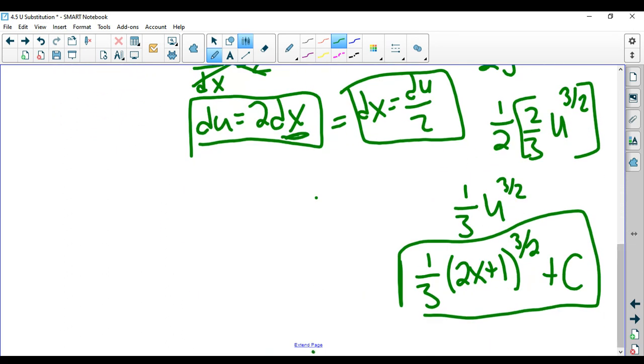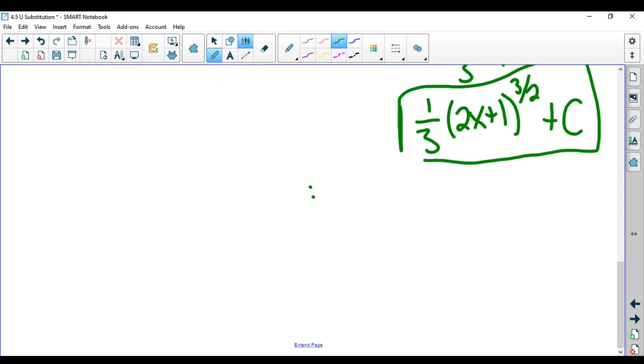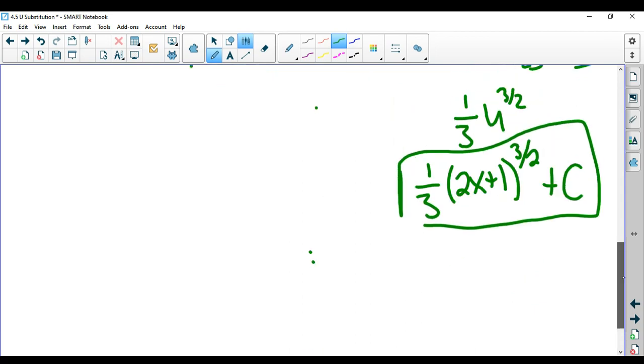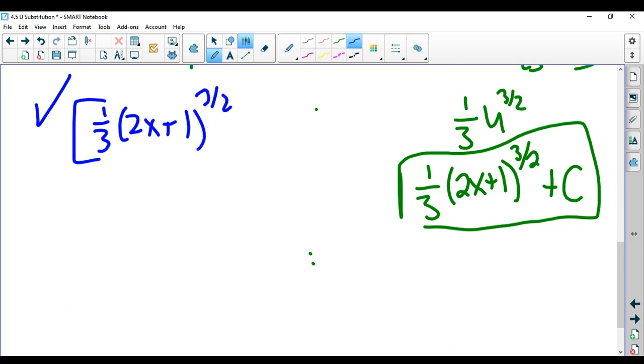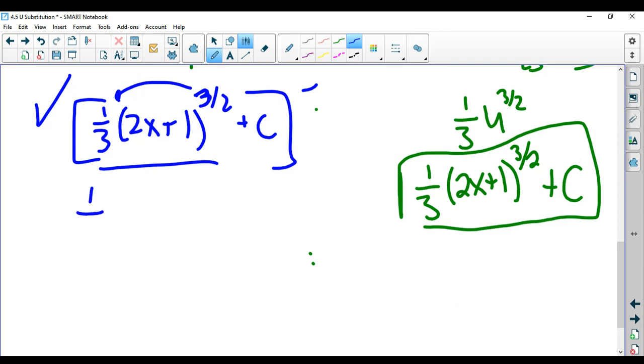Now, to check that, you check it like any integration problem. You find the derivative. So I'm going to do that. The derivative of my answer, 1/3 (2x plus 1) to the 3 halves plus c. It's a chain rule. So bring down the 3 halves. 3 halves times 1/3 is 1/2.